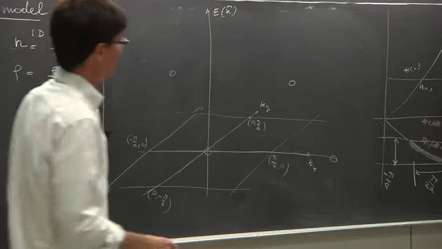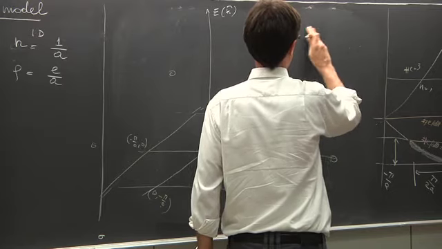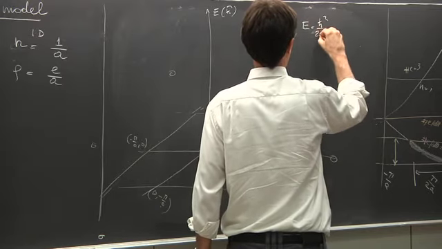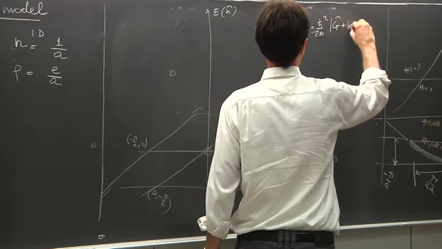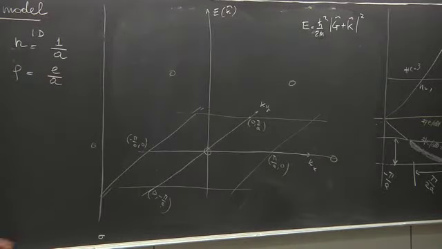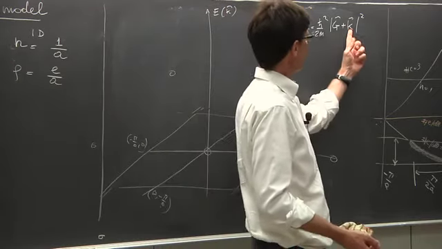And if you remember, I'm now rewriting the energy expression using vectors. Let's just follow the same arguments that we followed for the one-dimensional case. We fix k.